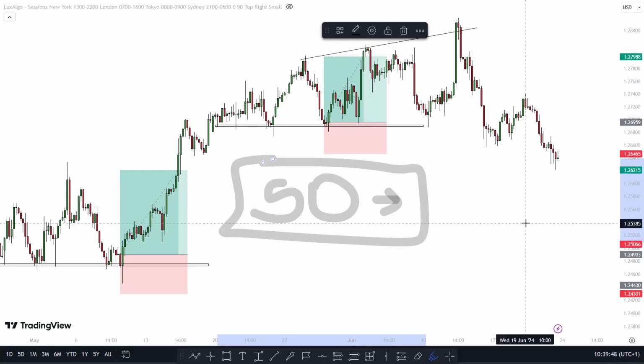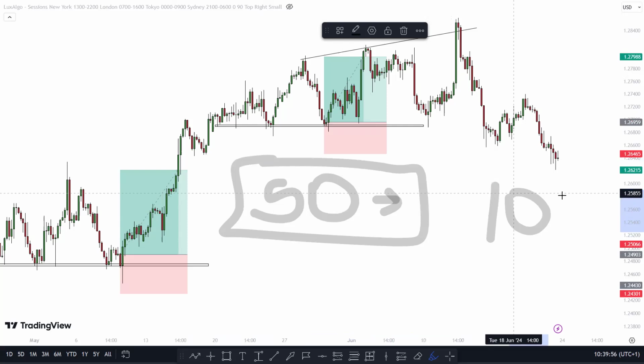Now, in a single trade, we are risking $50, and so we can make $100. Why are we going to make $100? We're able to make $100 because our risk reward ratio is 1 to 2. So what that means is that we are risking $50 for $100.